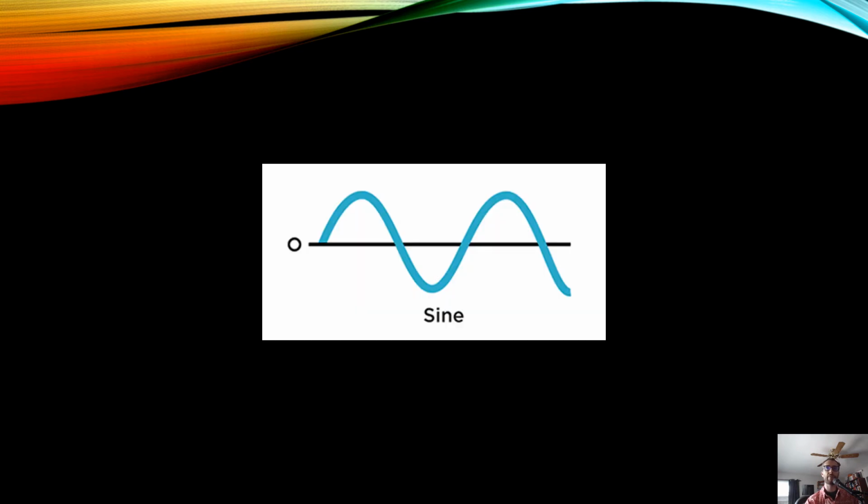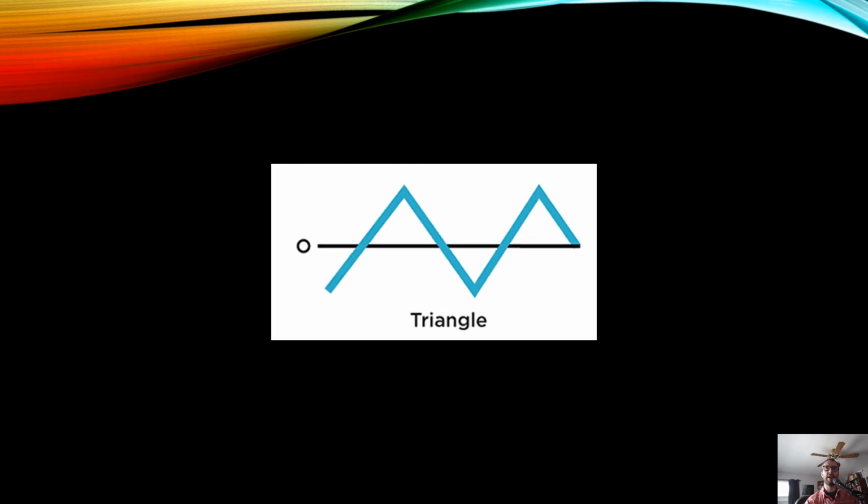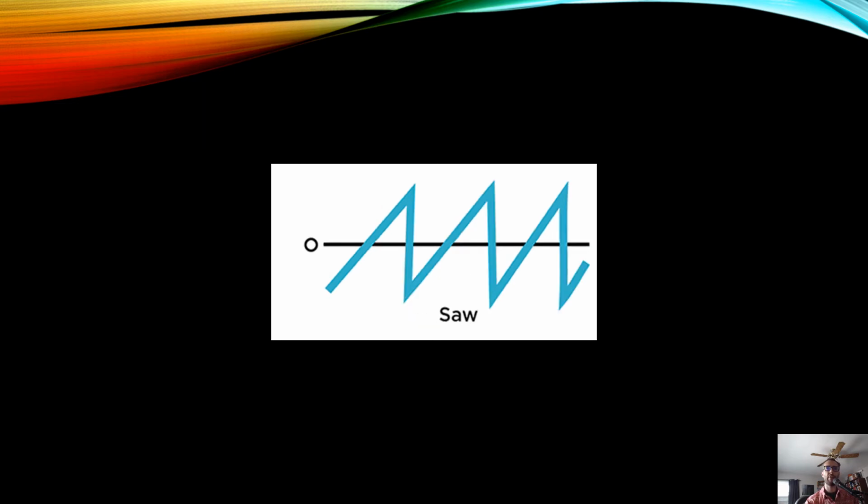Here's the sine. It's just the classic smooth curve. You've seen this before pretty much everywhere. Next is the triangle. It looks like a triangle on either side of the zero axis, hence the name. Followed by the sawtooth.